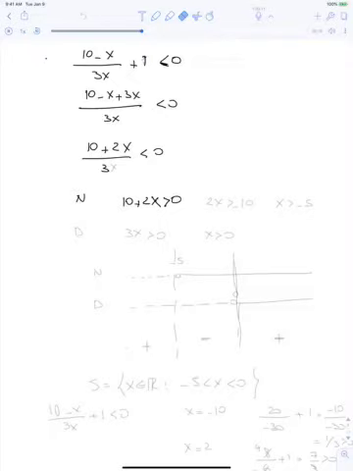So 10 plus 2x greater than 0. This means 2x greater than minus 10, which means x greater than minus 5. And then the denominator is 3x greater than 0, x greater than 0.